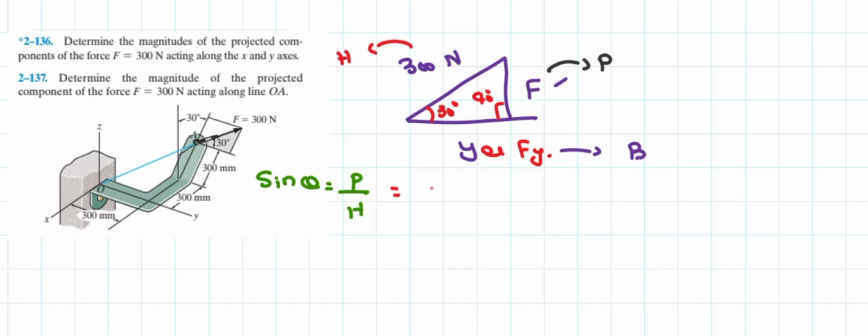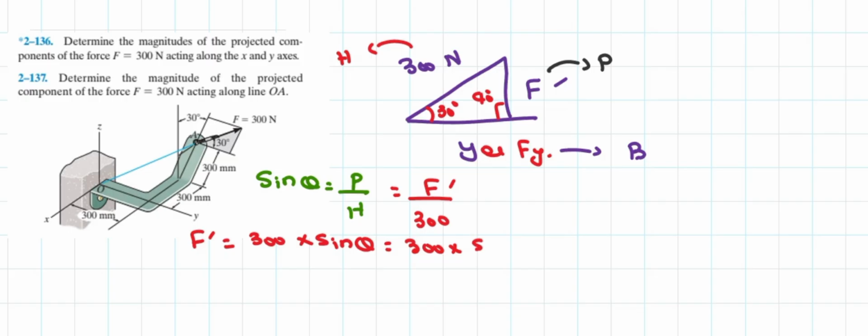So sine theta equals F prime over 300. So F prime equals 300 into sine of theta, and theta is 30 degrees. So 300 into sine 30 degrees equals 150 Newton. This is the value of F prime.